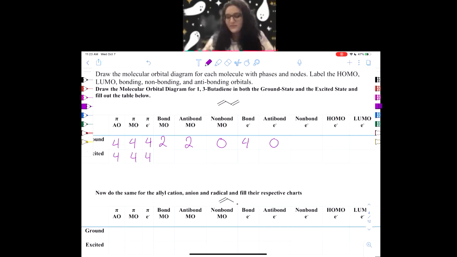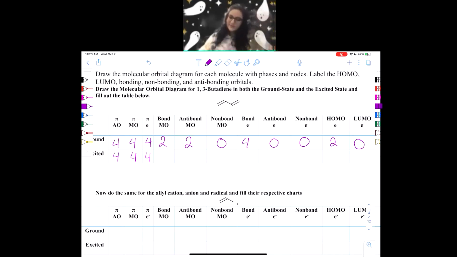And so if we have 0 non-bonding orbitals, how many non-bonding electrons can we have? 0. Sweet. Okay, so how many electrons did we have in the HOMO? 2. How many did we have in the LUMO? 0. Perfect.